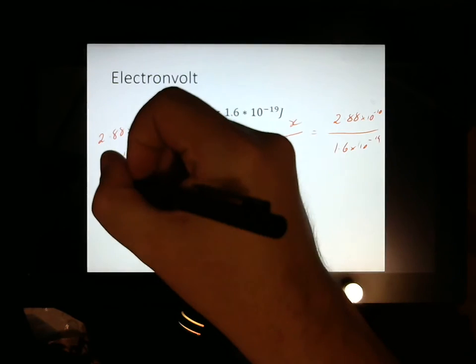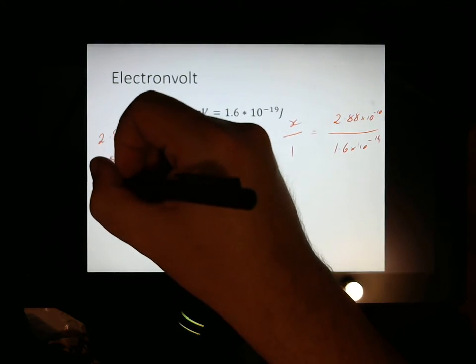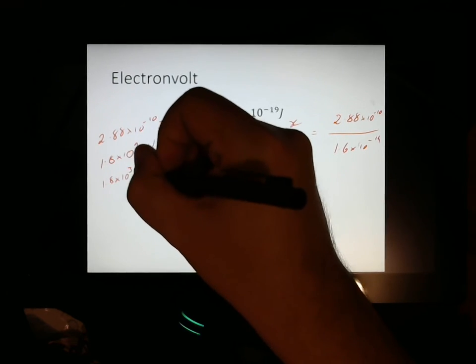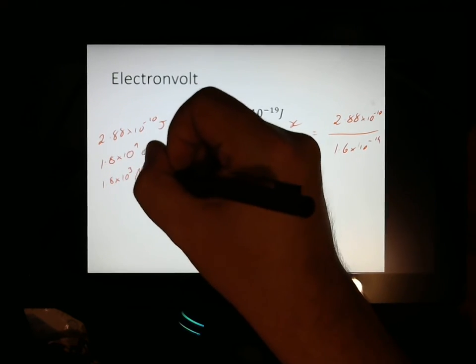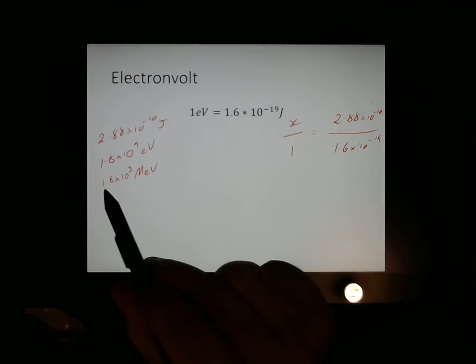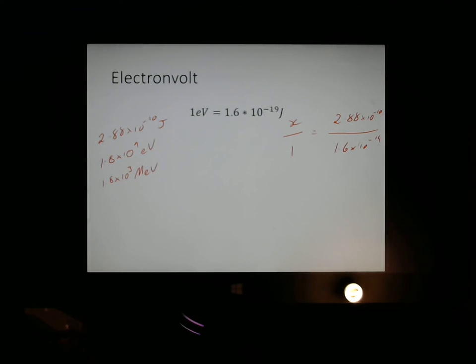So for example, this would be 1.8 times 10 to the 3 mega electron volts, if we were to put it like this as well. So you may have combinations of scientific notation and metric system prefixes, and while these are provided in your notebook, you need to know how to read them.